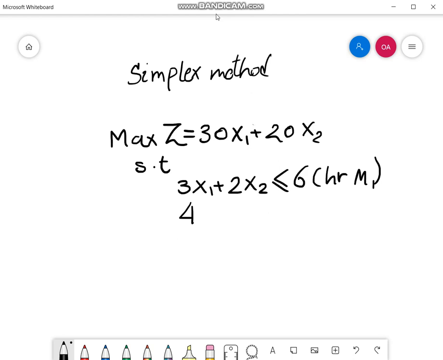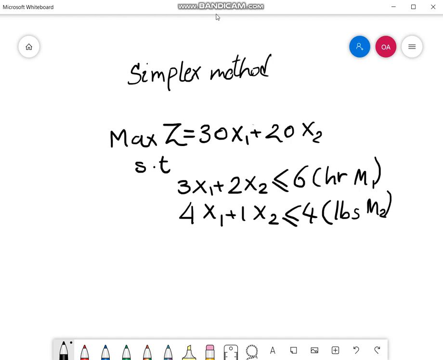Then you have the other constraint. That might be in pounds for, let's say, another process, call it M2. These two constraints are sometimes homogeneous, like for example, this is our labor work and this is our machine labor work.